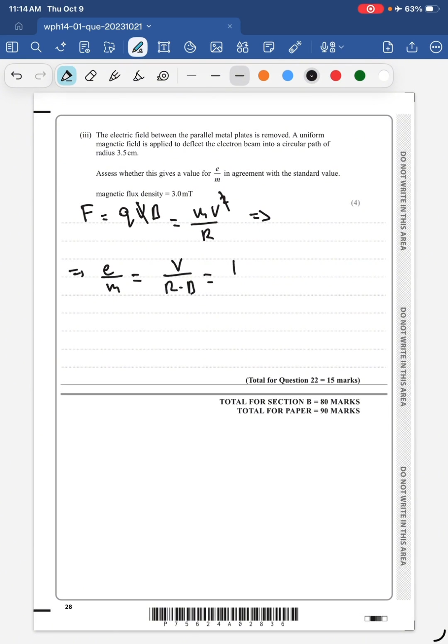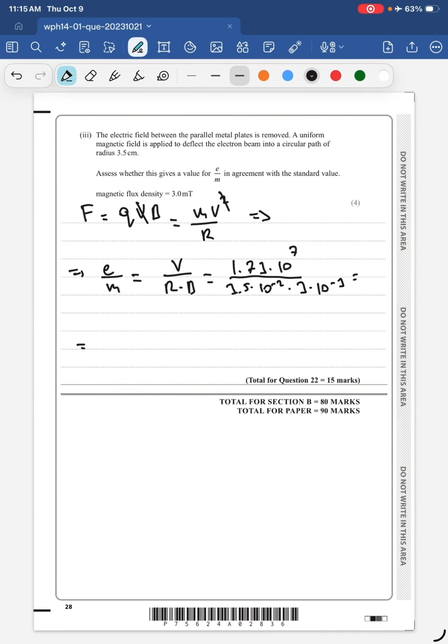So, okay, so V will be 1.73 times 10 to the 7, right? Over the radius of 3.5 times 10 to the negative 2 meters. And then the B is 3 times 10 to the negative 3.